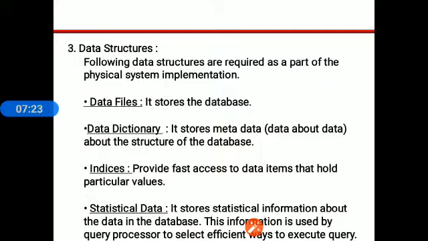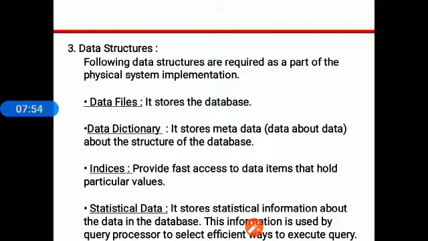Indices provide fast access to data items that hold particular value. If the database is large and we want to search a particular element or particular record, then it is difficult to retrieve the data. So in this case, indices are used. Like the book index, if I want to search a particular topic or article, I just go to the index which is written alphabetically and I can easily search that particular topic or article.